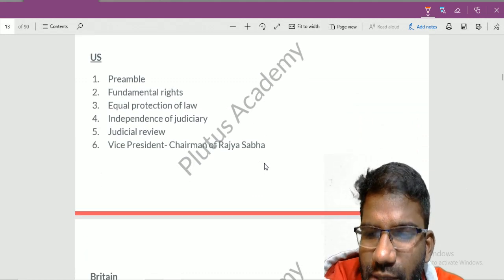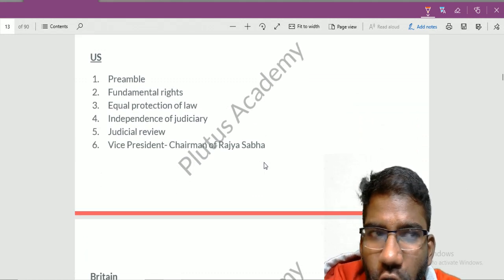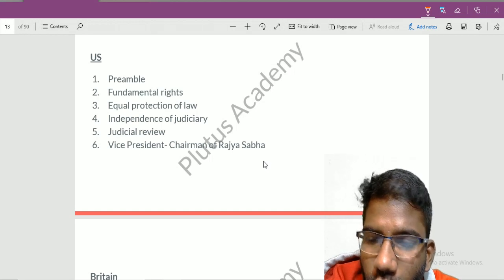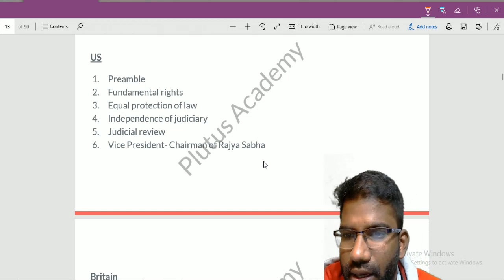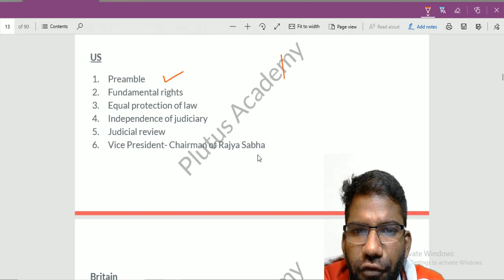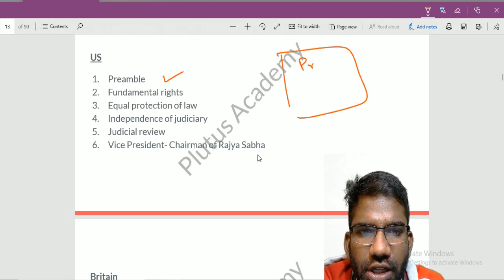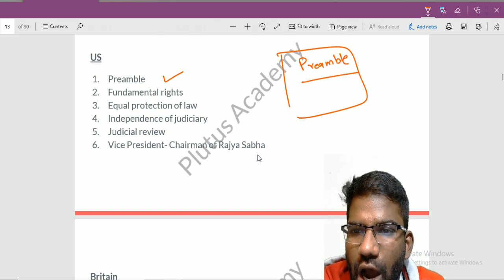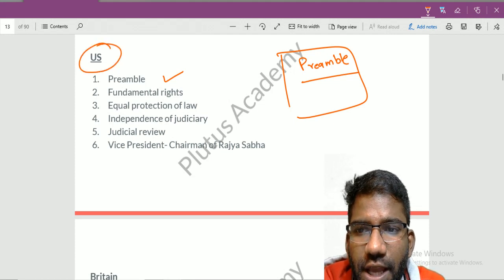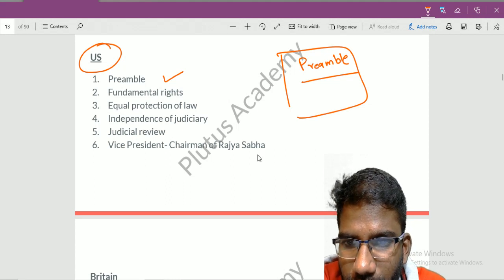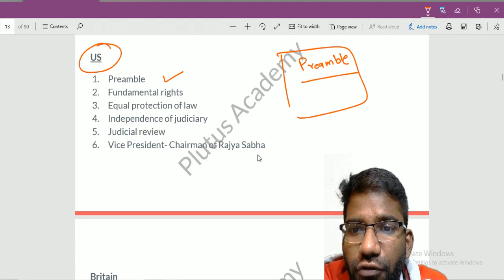Now, what has been taken from the Constitution of the United States of America and put into the Indian Constitution? The preamble, the first page of the Indian Constitution, has been taken from the US Constitution. Number two, fundamental rights.